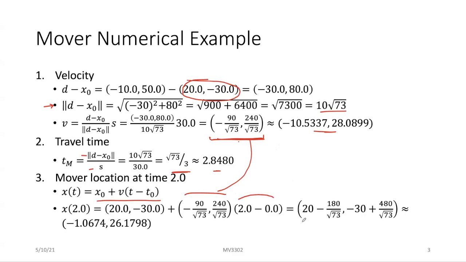So that's what this piece is. And when you multiply that out, we get, again, to infinite precision, 20 minus 180 over root 73, and minus 30 plus 480 over root 73. And then when you put that into a calculator or whatever, it comes out to be this value.